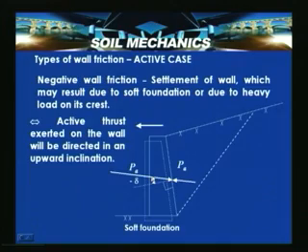The negative wall friction case can arise if the wall is resting on a soft foundation or settles because of a heavy load on the crest of the wall. In such a situation, when the wall moves outward, the moving soil exerts an upward drag, and because of this, the negative wall friction case arises.